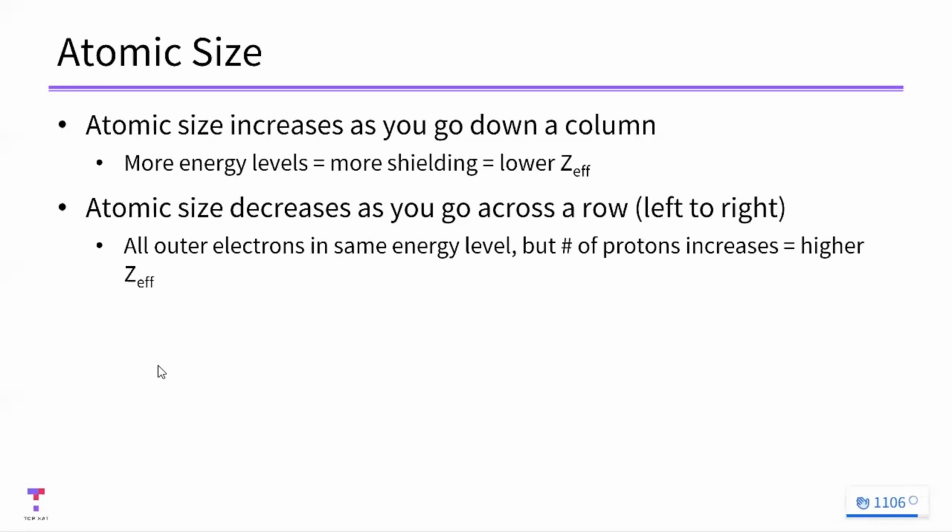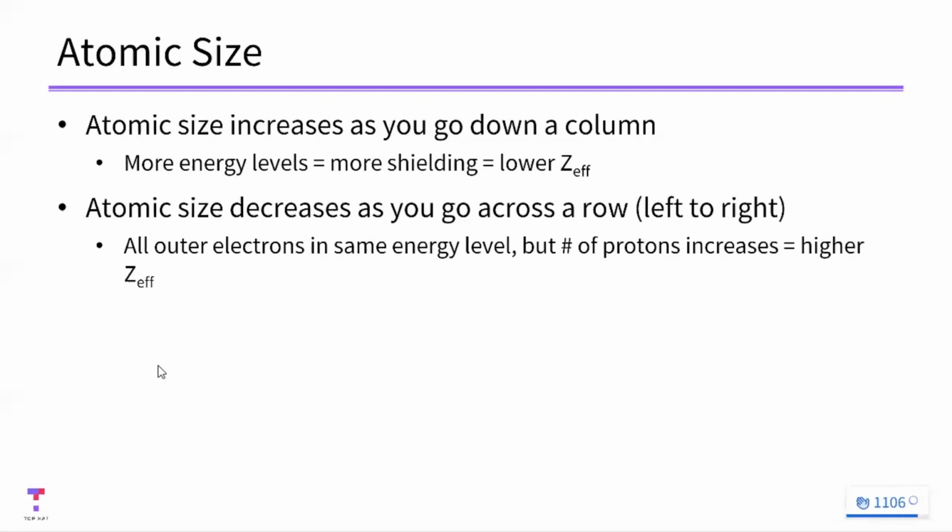The horizontal trend has to do with repulsion versus attraction. Inside of that energy level, you can pack as many electrons as you want in there. The thing to remember is that the protons in the nucleus are getting bigger as well. So even though you're adding more electrons, they're not getting any further away, but yet the nucleus is getting larger and more attractive.